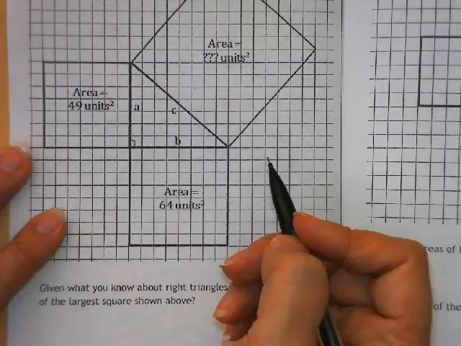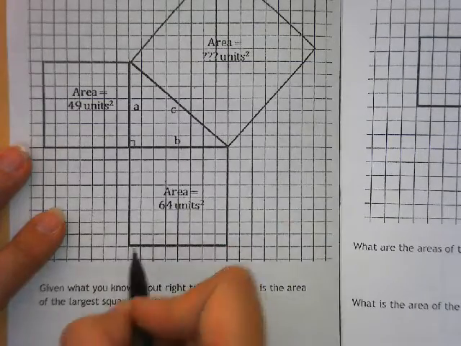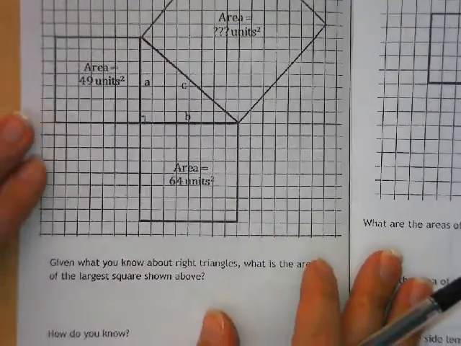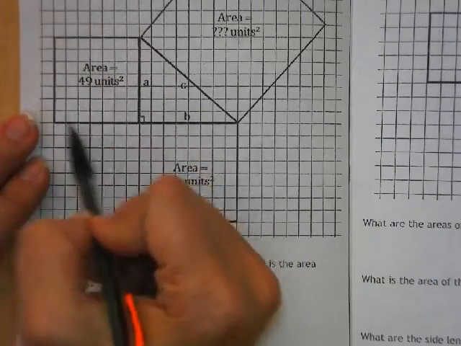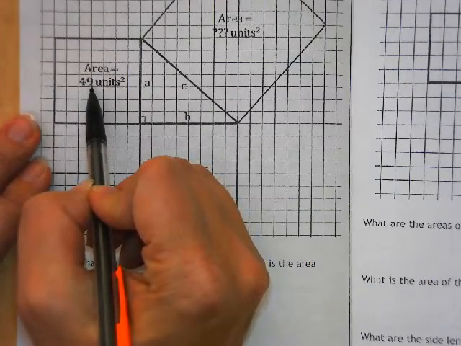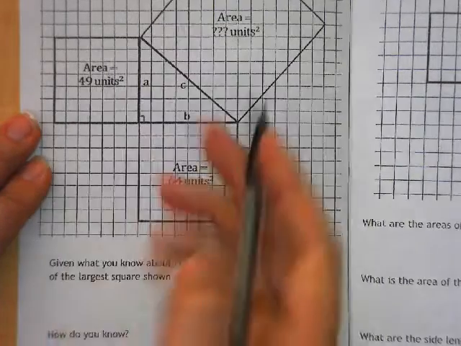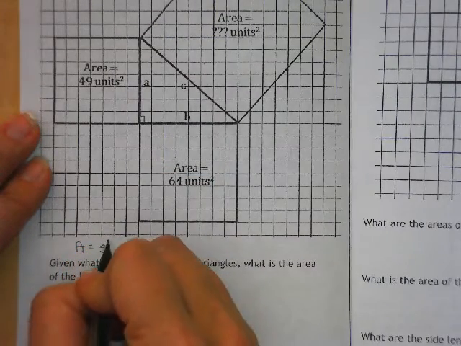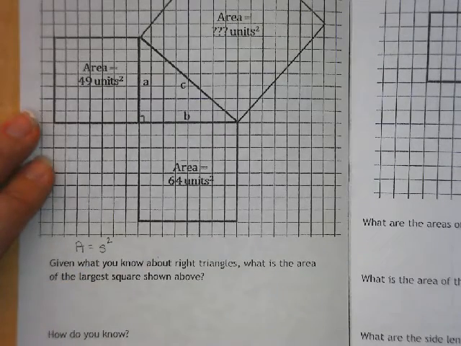Now, the formula, we're going to focus, just look at the square for a minute. If the area of the square is 49, how do we find the side length? How do we find area? Area is what? Side squared, right?